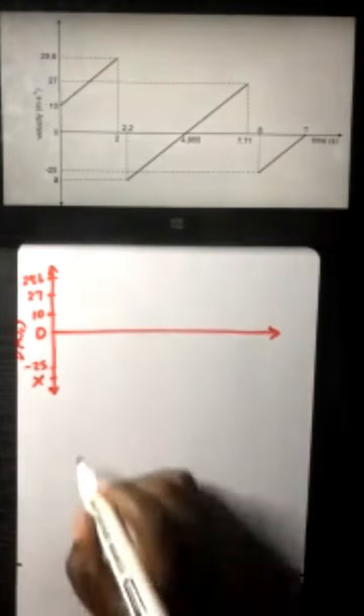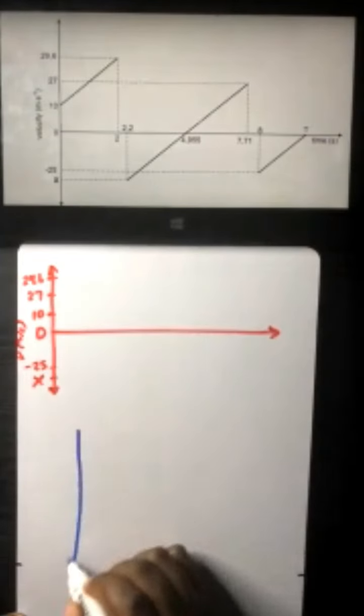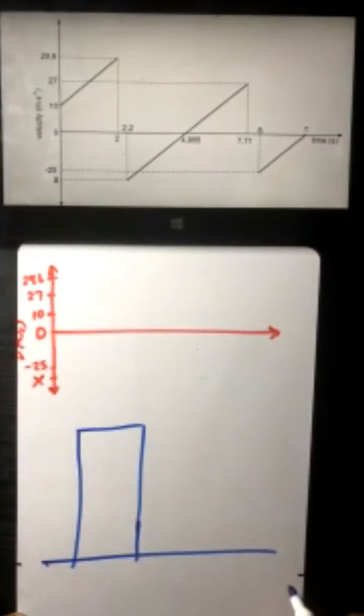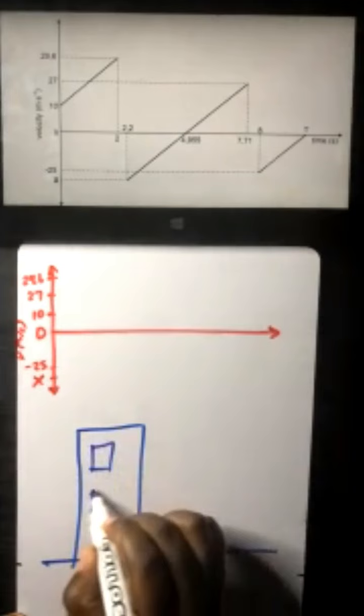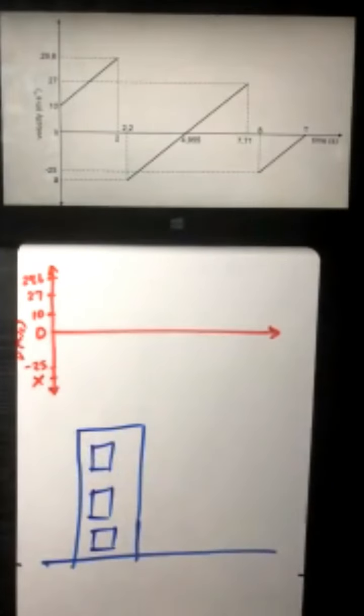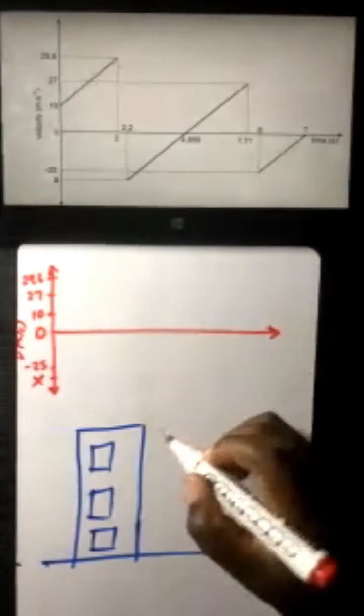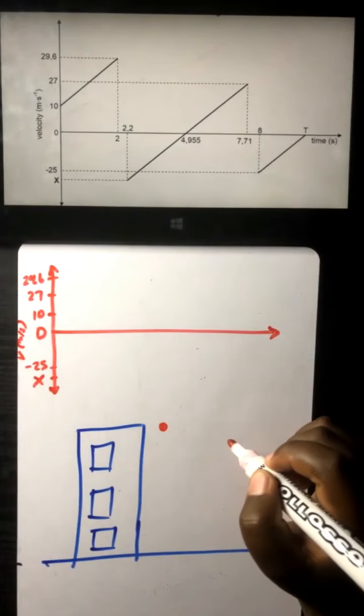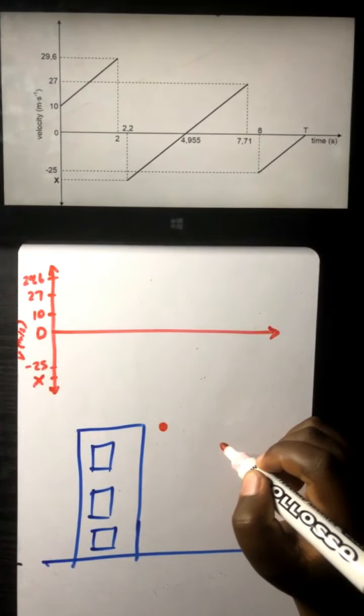So obviously, remember, we had that building over there, and then we've got the ground. This is the ground. This is that building. So guys, I need you to pay full attention now. Remember, we've got a ball which is being thrown vertically downwards.